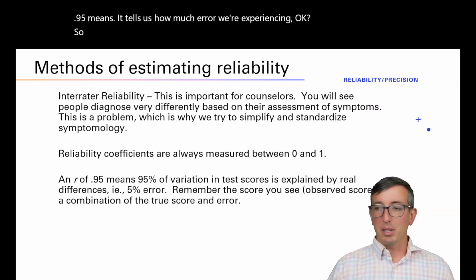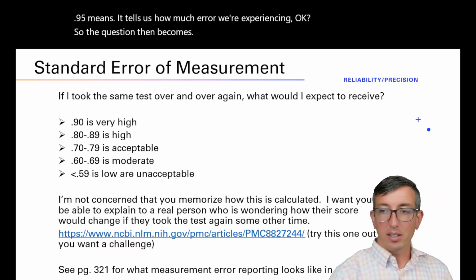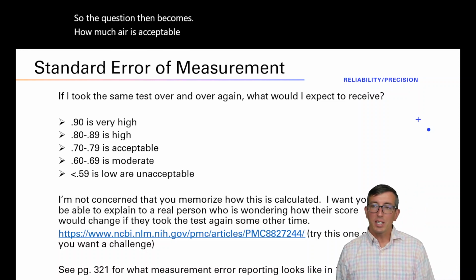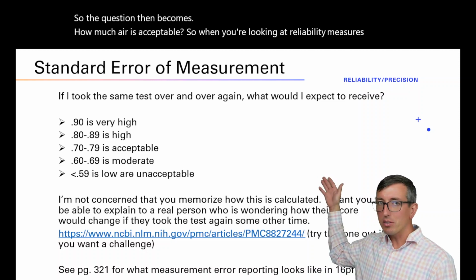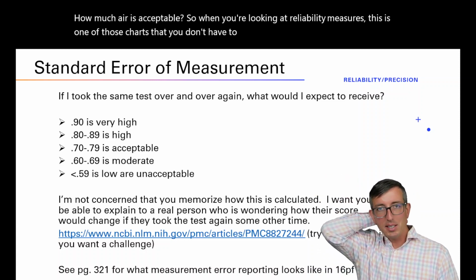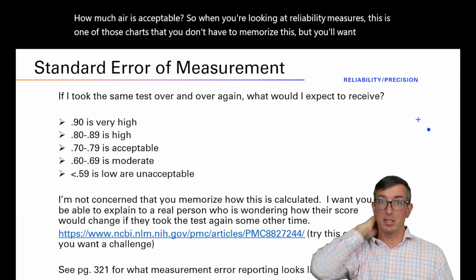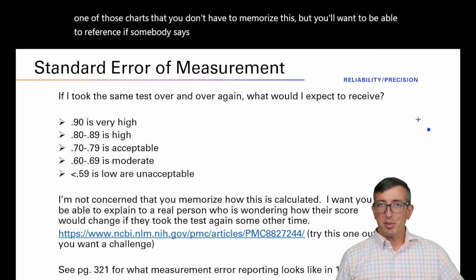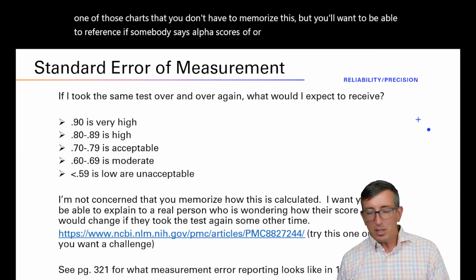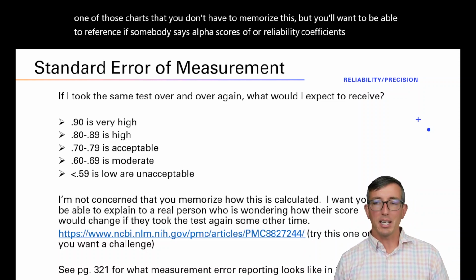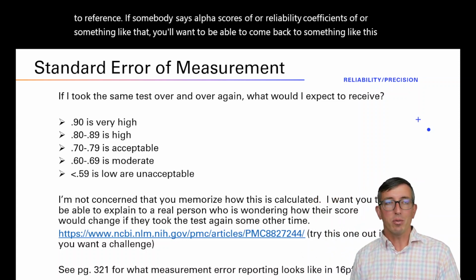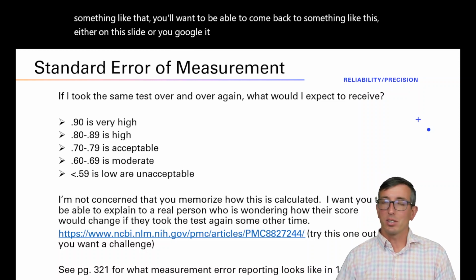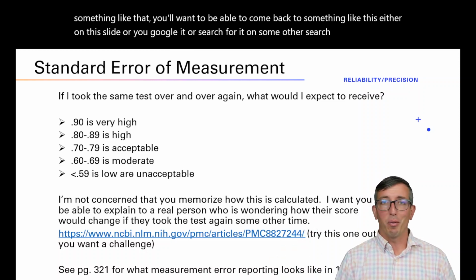So the question then becomes, how much error is acceptable? When you're looking at reliability measures, this is one of those charts that you don't have to memorize, but you'll want to be able to reference. If somebody says alpha scores of, or reliability coefficients of, or something like that, you'll want to be able to come back to something like this, either on this slide, or you Google it, or search for it on some other search engine on the internet, whatever.